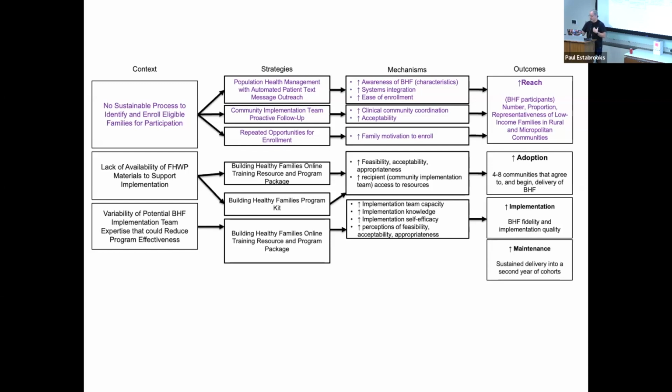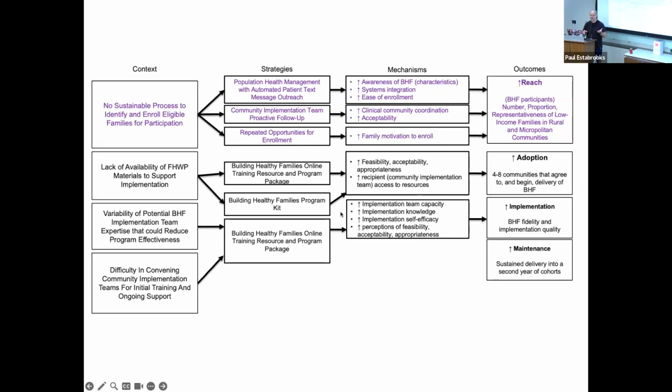So then I'm going to jump to maintenance. This time I don't add in the new box, I just put the arrow up to it. Again, one of the things I want to really highlight here is that the contextual factors we have generate a number of different strategies. It's very rare in my experience that you have one context, one outcome, one strategy.